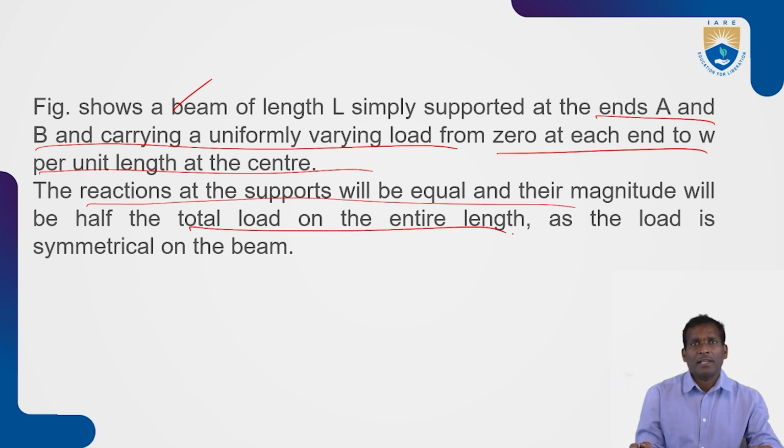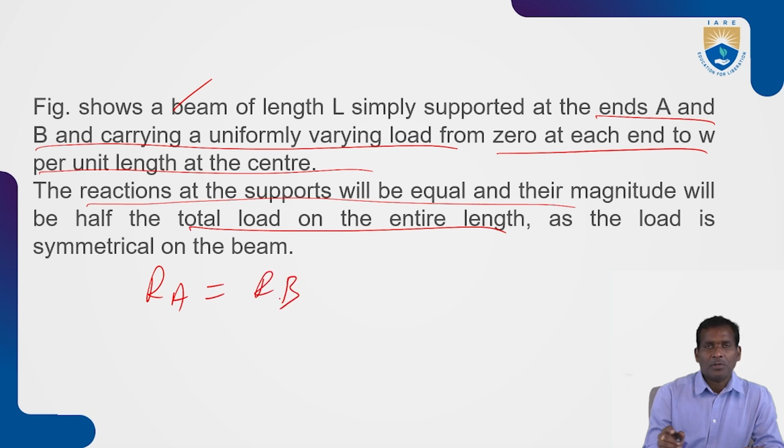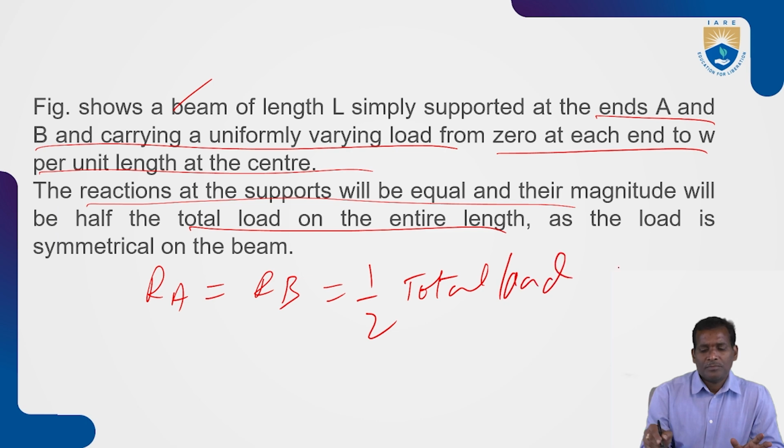So RA is equal to RB, and the magnitude is half of the total load.